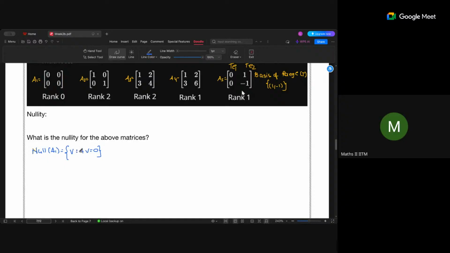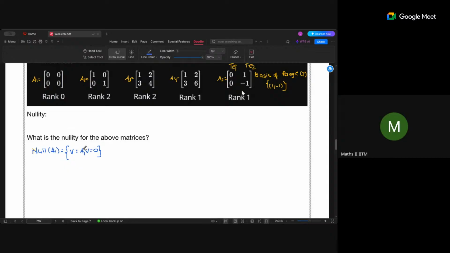For what all V's will A1V become 0? It's a very trivial question I'm asking here. So this is a 0 matrix.